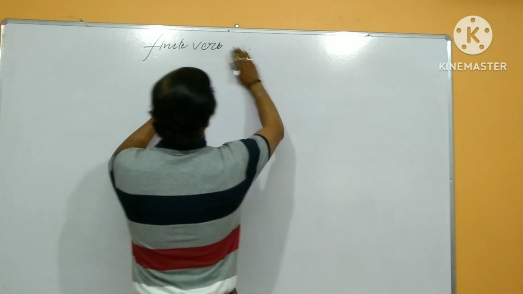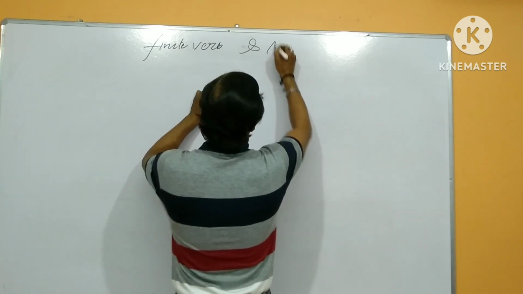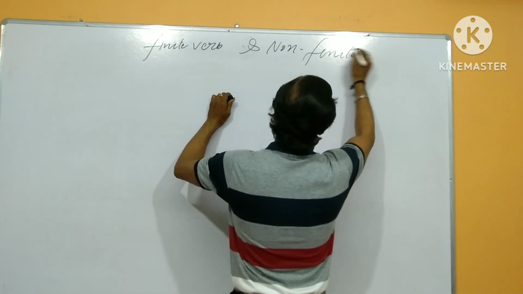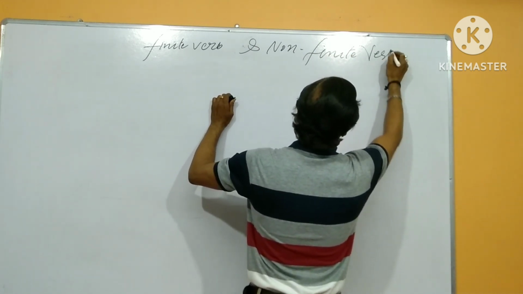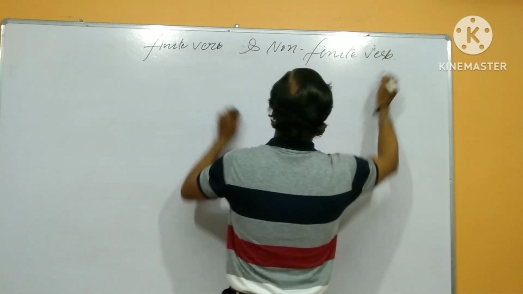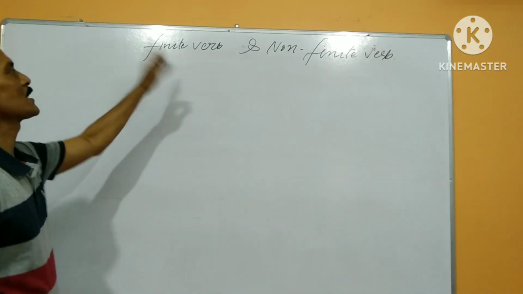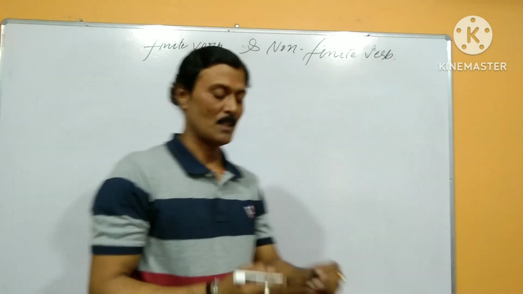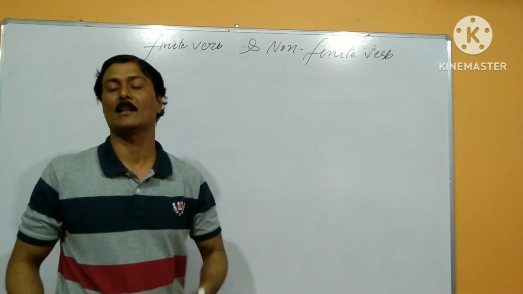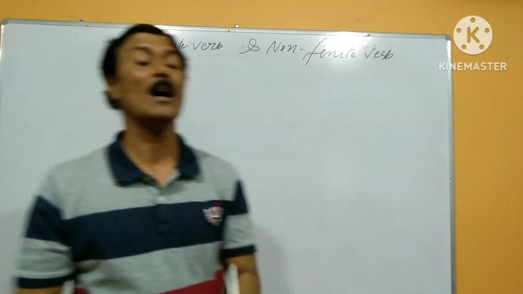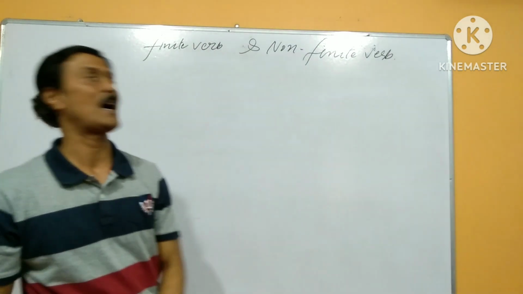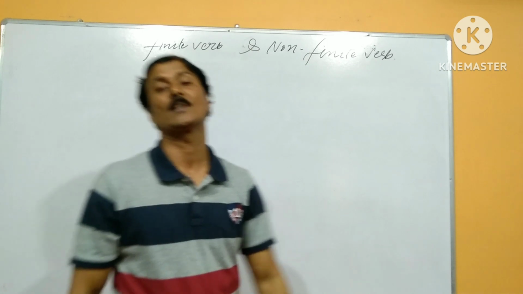Let's note it here: finite verb and non-finite verb. So from the beginning, actually we know well that verbs are divided into two parts: finite verb and non-finite verb.